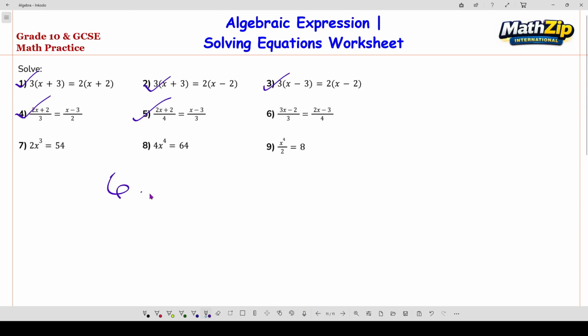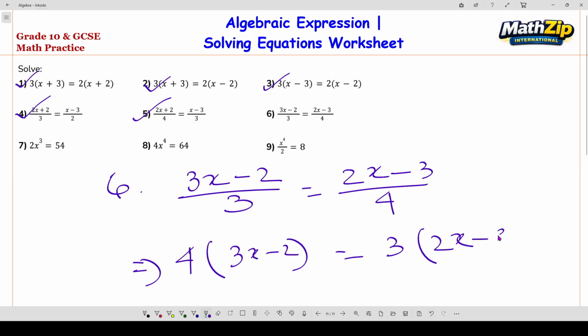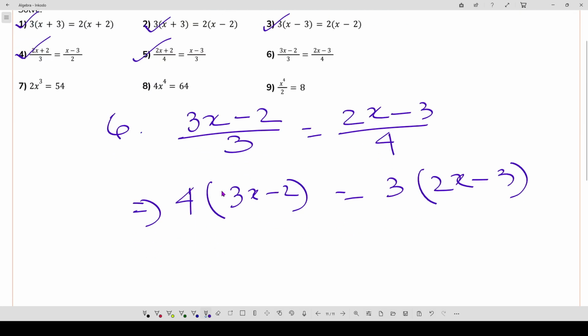Question 6, (3x minus 2) divided by 3 equals (2x minus 3) divided by 4. So 4 times (3x minus 2) equals 3 times (2x minus 3). Just cross multiplication.